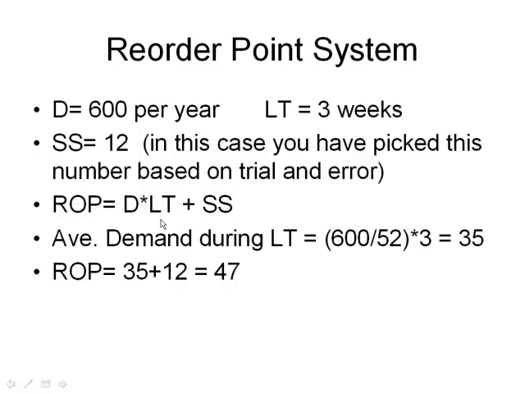Since our lead time is in weeks, we need to figure out our demand per week. So our demand per week would be the 600 for the year divided by 52 weeks, and then our lead time is 3 weeks, so that would be 3 times that quantity, or 35. So our reorder point is going to be 35 plus the safety stock of 12, equal to 47.